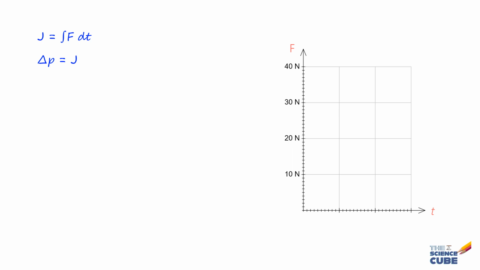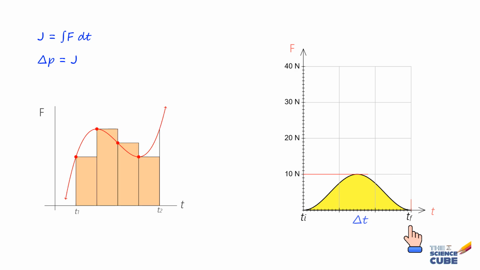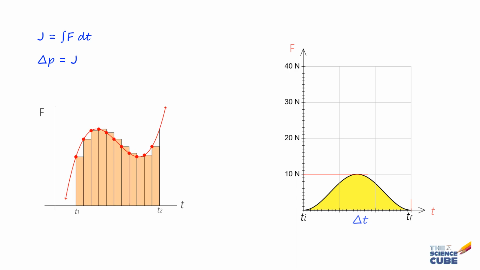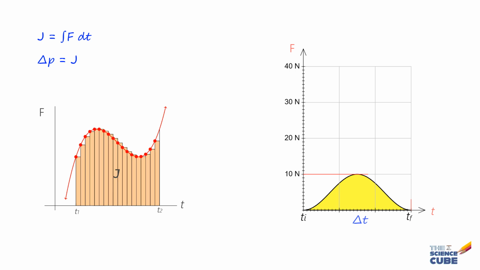Okay, now let us take this to the next level. If we have a graph of force versus time, we can find J, or the impulse, by finding the area between the curve and the time axis, simply because J is nothing but the summation of area under an F versus time graph.